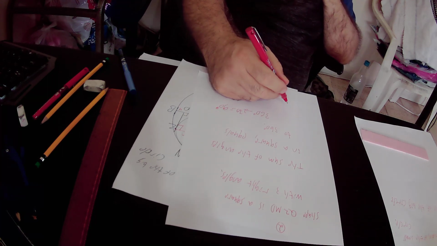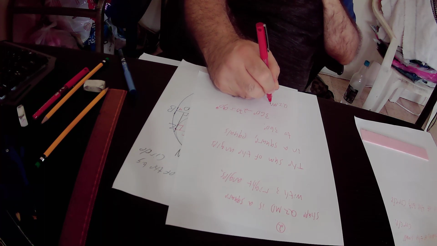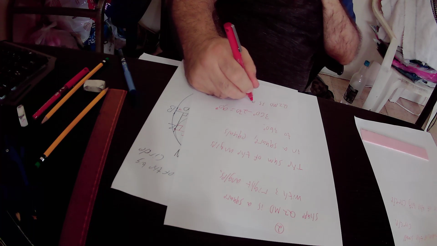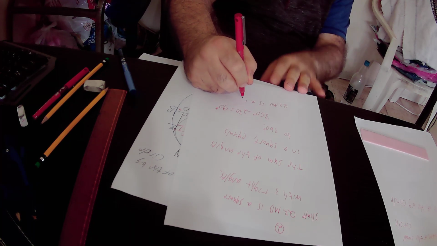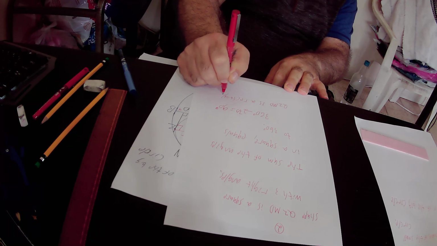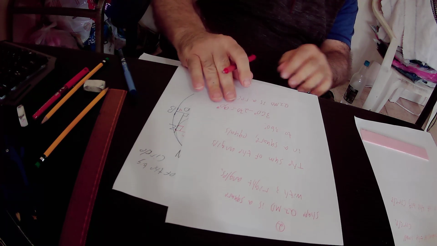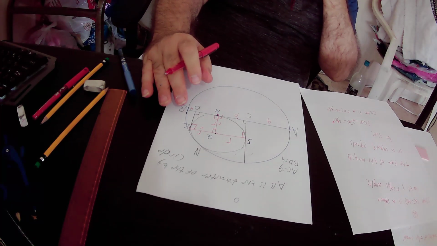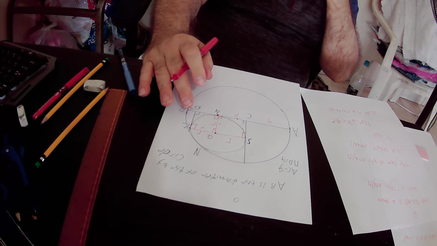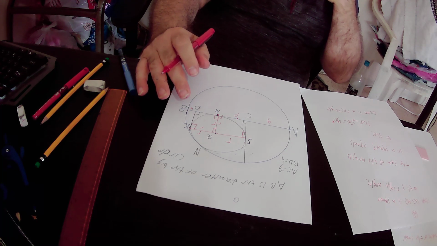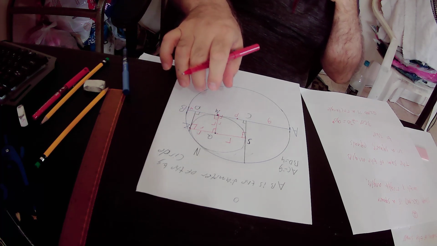Okay, QZMD is a rectangle, and in any rectangle the opposite sides are equal to each other. So QZ equals MD.